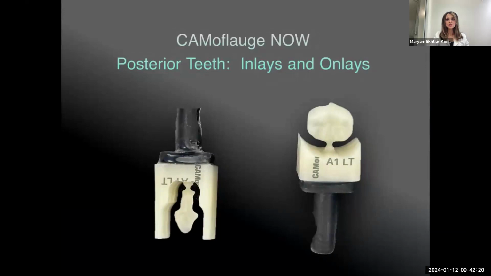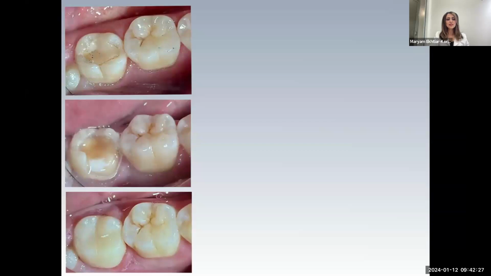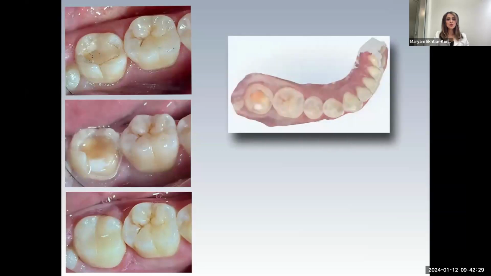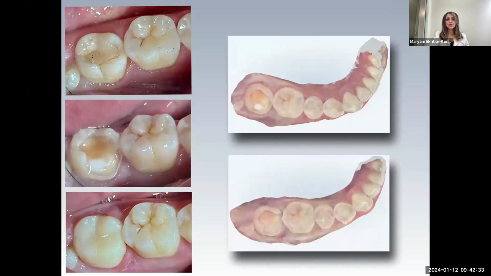So with posterior inlays and onlays, I use Camouflage Now. And here we have a patient who has a very large leaking composite on tooth number 31. After caries excavation, we took a scan, and that's what this first scan shows.